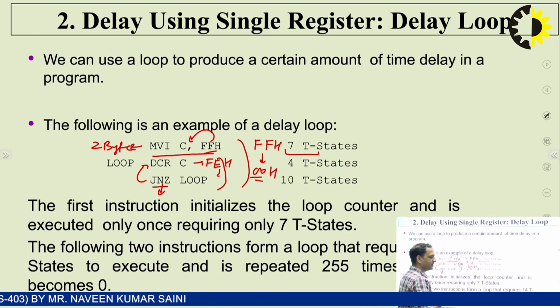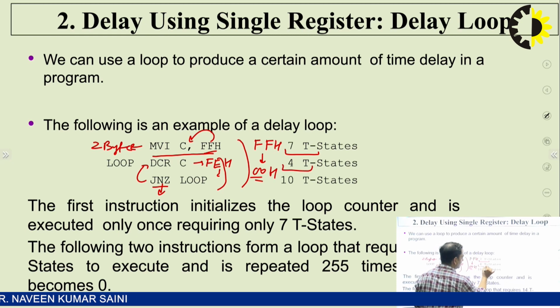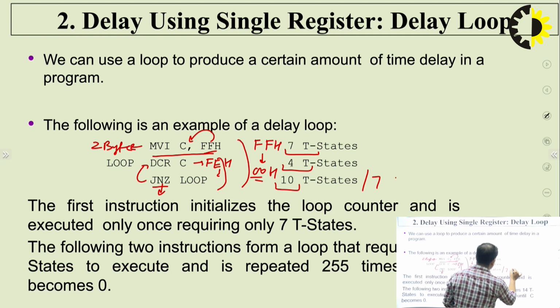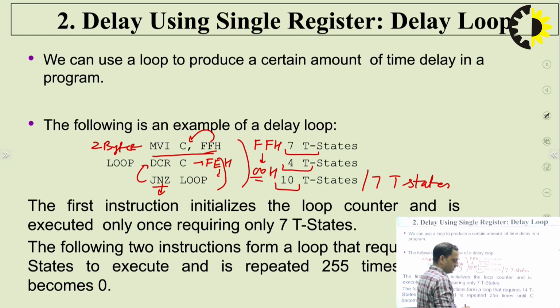DCR C is a 1 byte instruction, so it will require 4 T states for the opcode fetch. JNZ loop is a 3 byte instruction, so it requires 10 T states, or 7 T states.